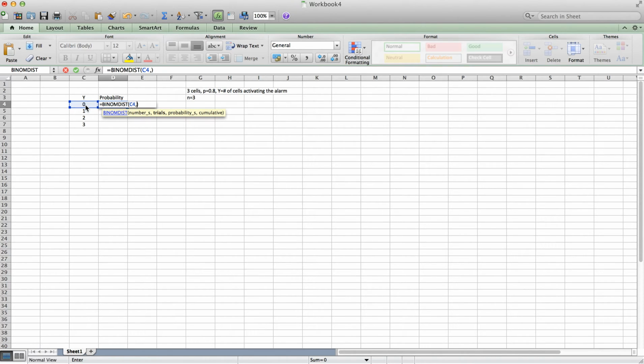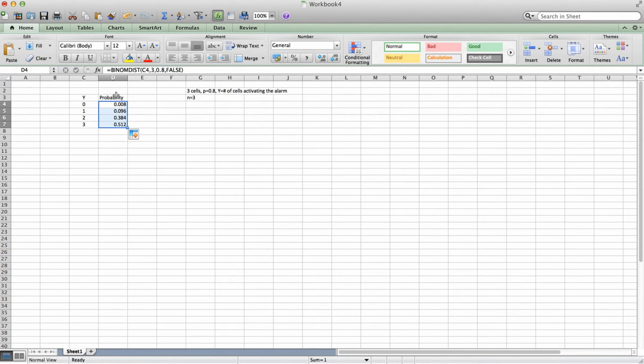In this case we have 3 cells, and then they are going to ask you about the probability of success, that it's 0.8, and then they are going to ask you if you want cumulative probability or not. If we have the cumulative probability, remember that it's going to be the probability of that value all the way to the lower limit. So I'm going to give here false, just to have the probability of each possible outcome.